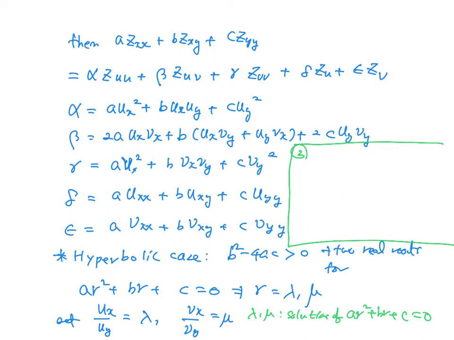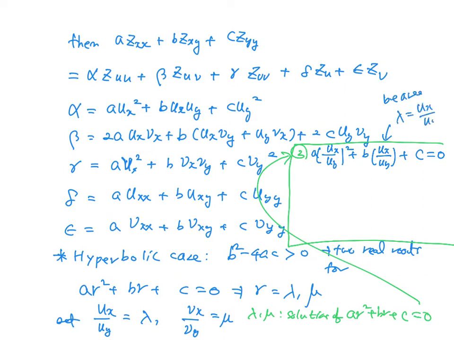So that means we can set this: a u_x squared plus b u_x u_y plus c u_y squared is equal to 0, because lambda is u_x over u_y.